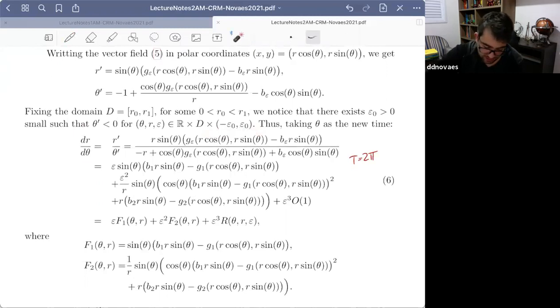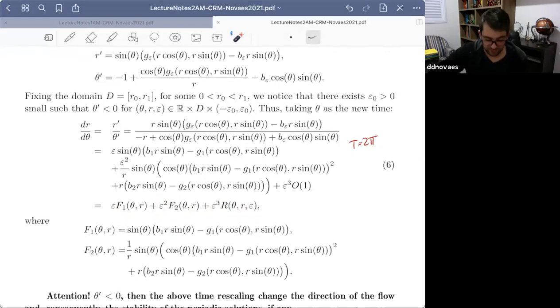And this writes like an epsilon times a function plus an epsilon squared times another function plus epsilon to the power 3 times a function, which is the remainder, where f1 is this periodic trigonometric function, and f2 is this other trigonometric function.